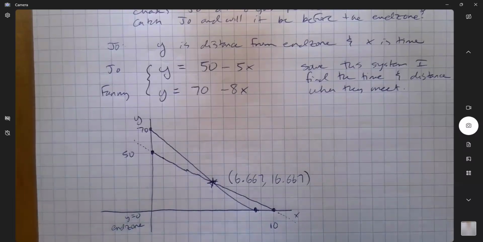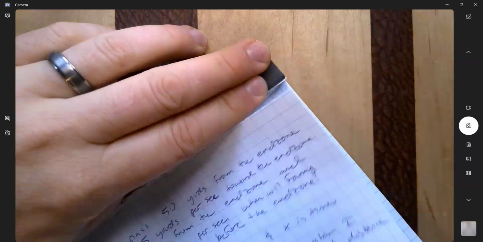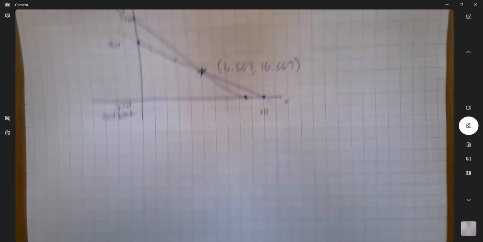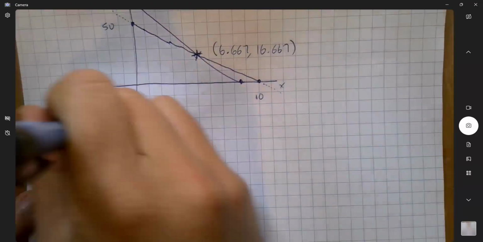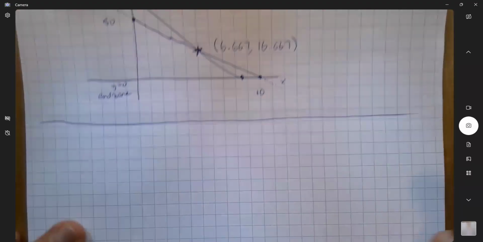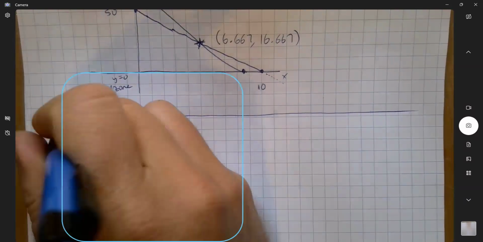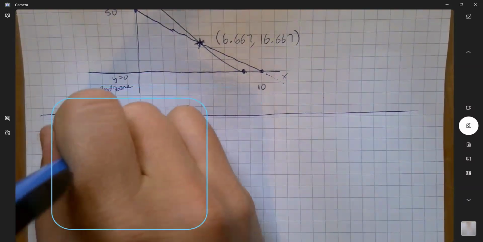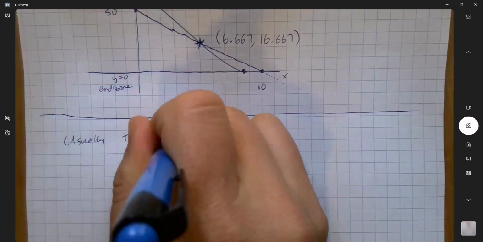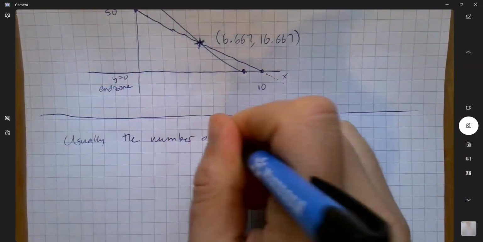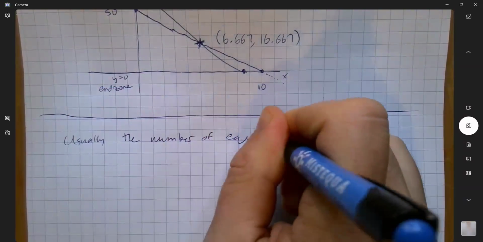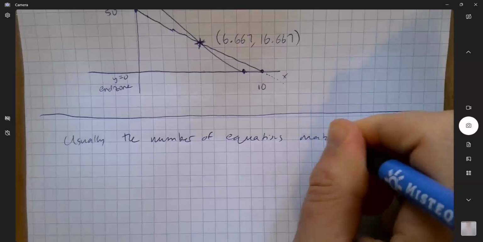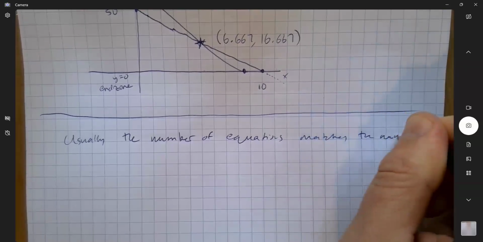A couple of other ideas. Nobody says you have to stop at 2 equations. You could have more than 2 equations. Usually, the number of equations matches the number of variables.